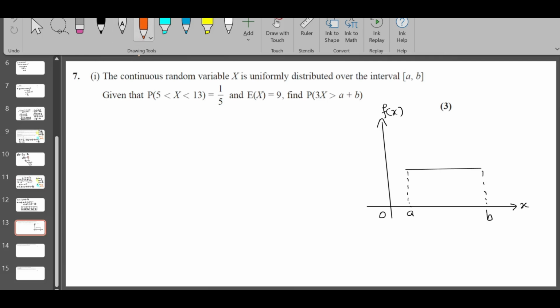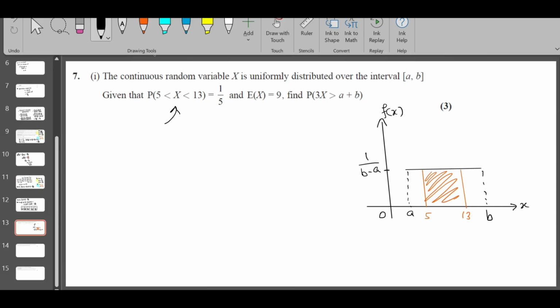Now the area between 5 to 13, let's say 5 is here, 13 is here. Definitely it won't be outside the interval. The area between this is given as 1 over 5. We know this point is, from the definition of this PDF function, 1 over b minus a, right?